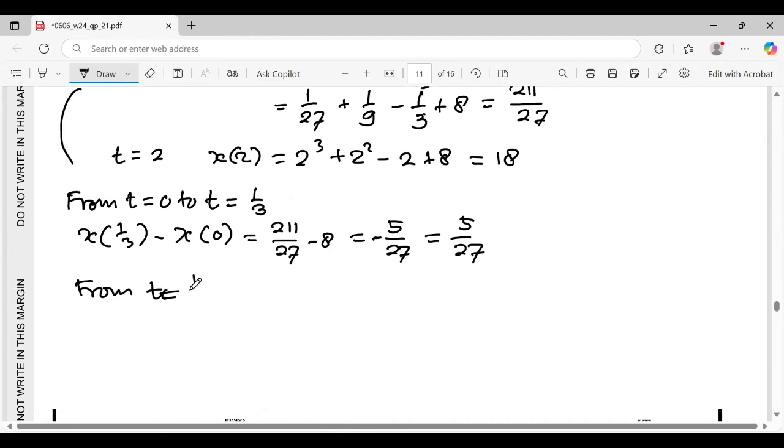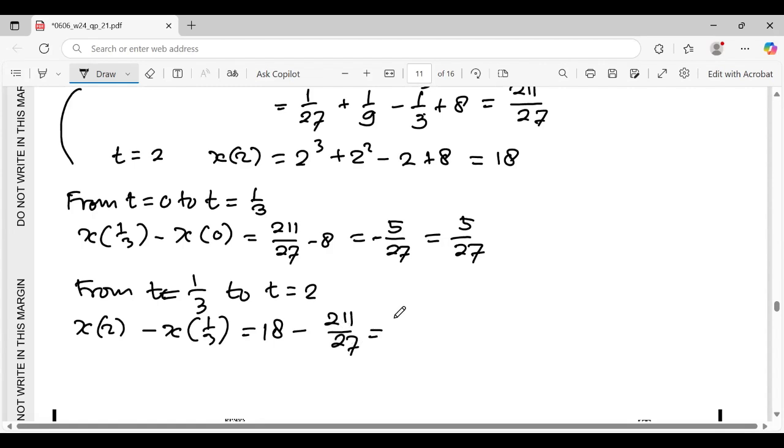And after that, from t equal 1/3 to t equal 2. So it means x2 minus x 1/3. X2 is 18, x 1/3 is 211 over 27. And if you calculate, the result is 275 over 27.